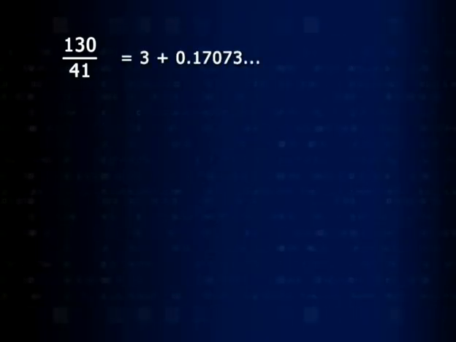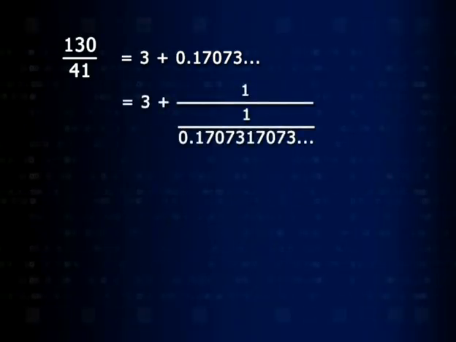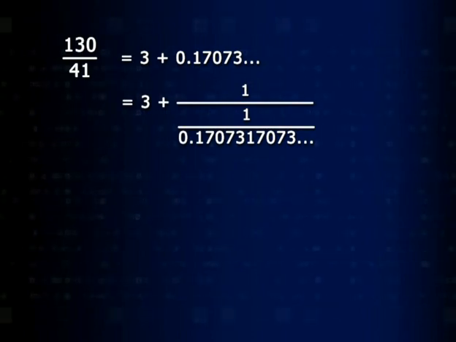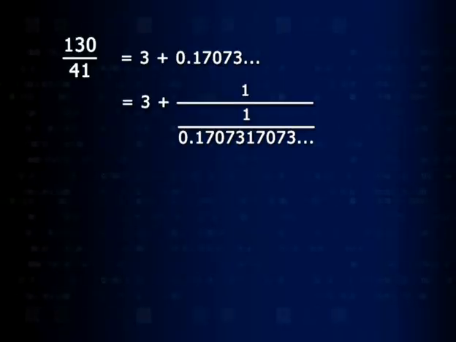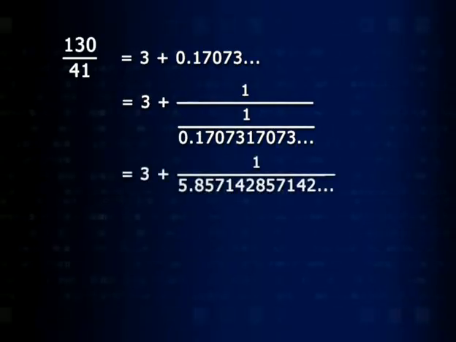We have 130 divided by 41 equals 3 plus the fractional part, 0.17073, and so on. Let's now write that as 3 plus 1 over the reciprocal, 1 over 0.17073, and so on. Well, now 1 over that small number is going to be a large number, so let's write it out. It's 3 plus 1 over 5.857, and so on.